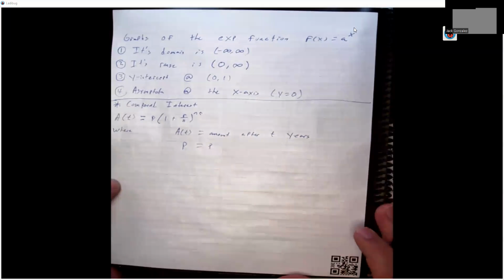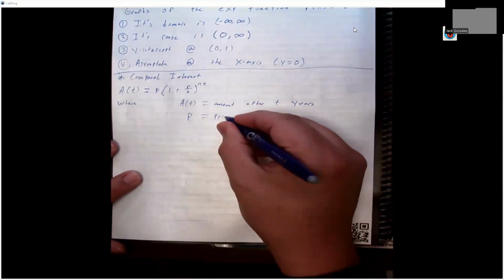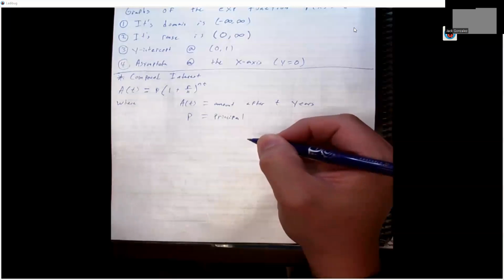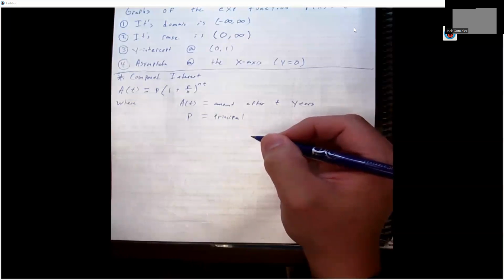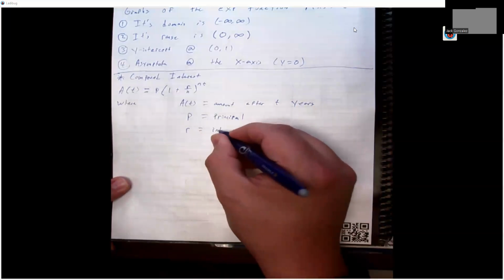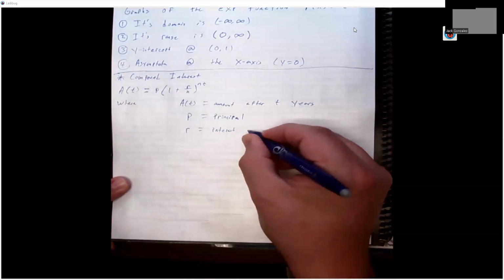P is principal. The starting amount that you invested, your initial debt, whatever we're talking about, P is principal. r is the interest rate per year.